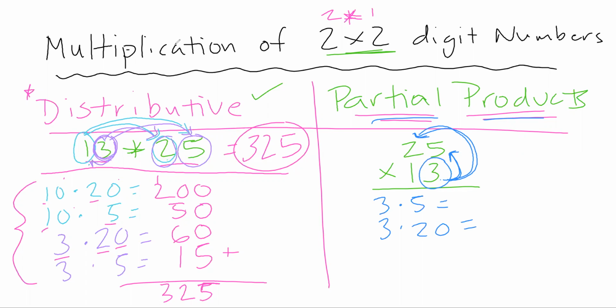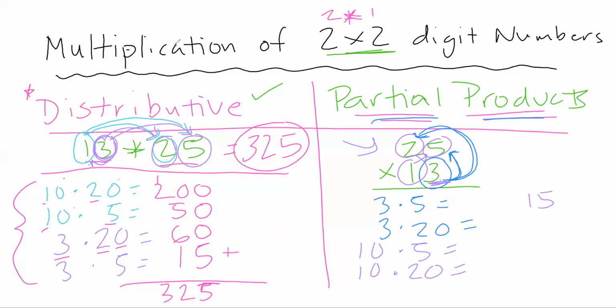I've distributed it with both numbers. Now I'm going to do my 10 here. I'm going to multiply it by the 1 over here, and then by the tens place. So very similar, right? But it's just the way I look at it. I find that if I look at it this way, I don't get so confused about whether I used every number correctly. So now let's just multiply.